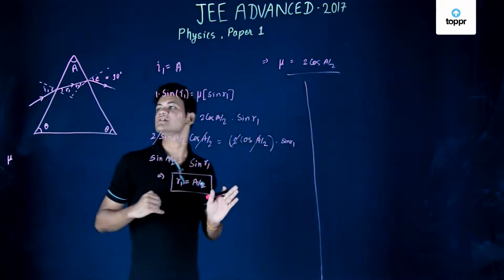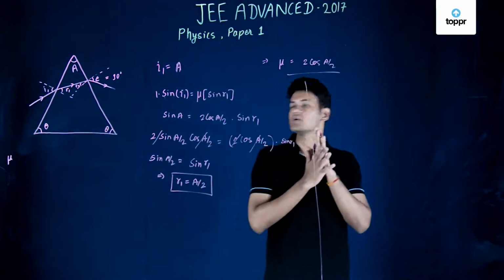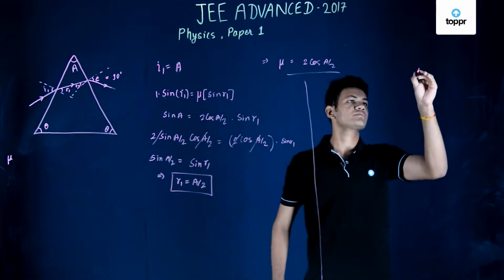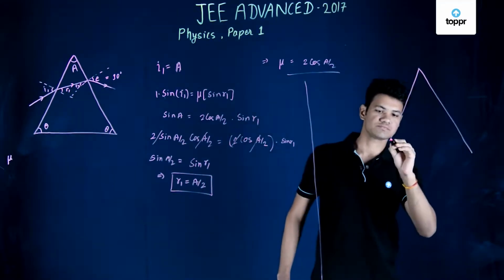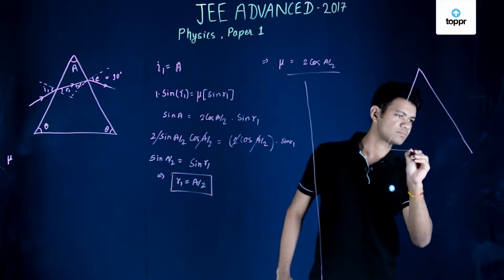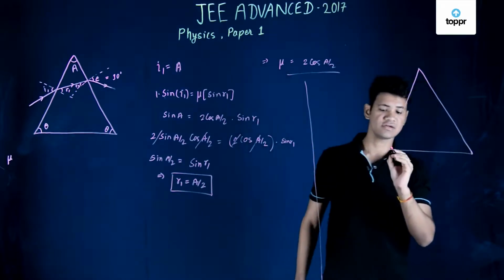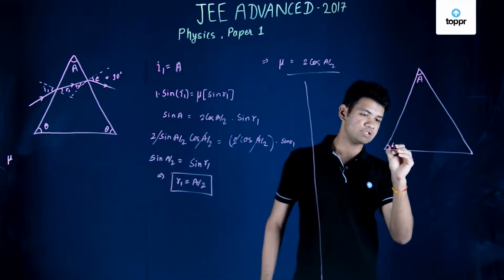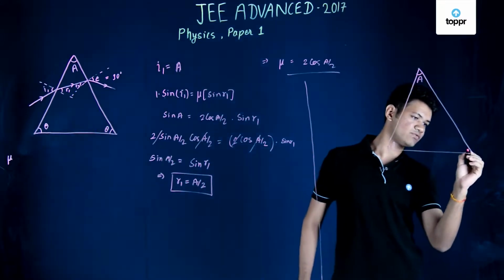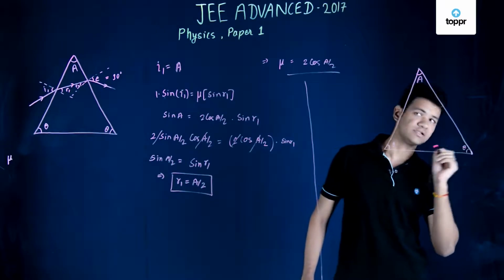Now let us get into some geometry. For the same prism, isosceles prism it was, right? So this was the apex angle A. Since it is an isosceles prism, we have these two angles the same, theta, theta.